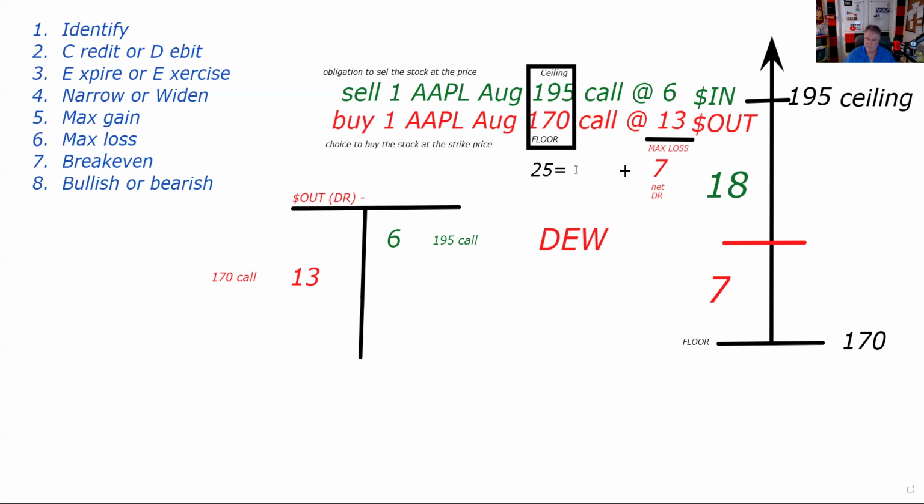So remember this from grade school? 7 plus something equals 25. So our max gain here is 18. Once you get the menu done, then you can think about it. Don't think about it till you get everything done, which is why I told you don't hate the 8. And so our max gain here is at 18 points.